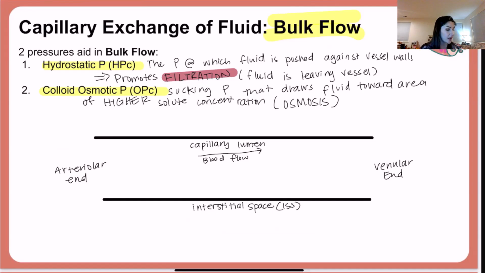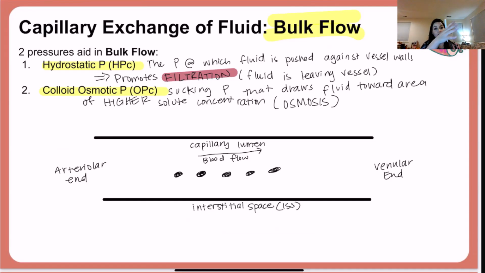And so what happens here is that we have also some stuff inside of the blood. We have cells and stuff, but we also have little proteins. So I'm gonna draw these little, I'll draw them in black. Little proteins. These little black bubbles that I'm drawing are plasma proteins.